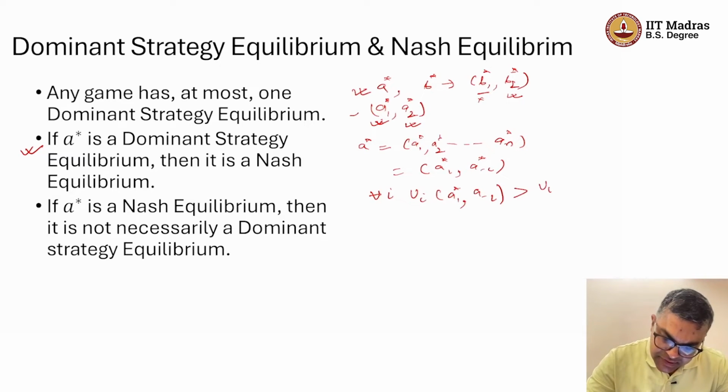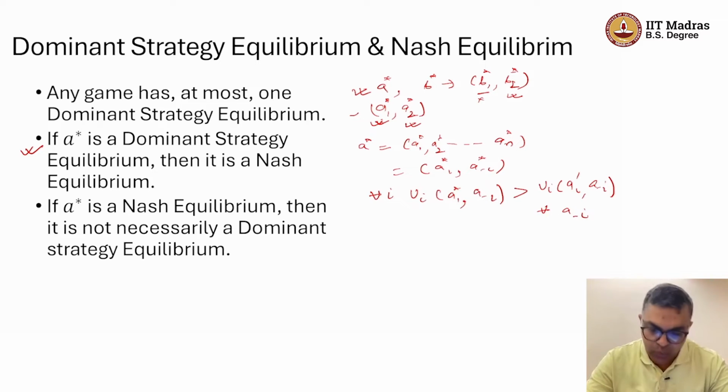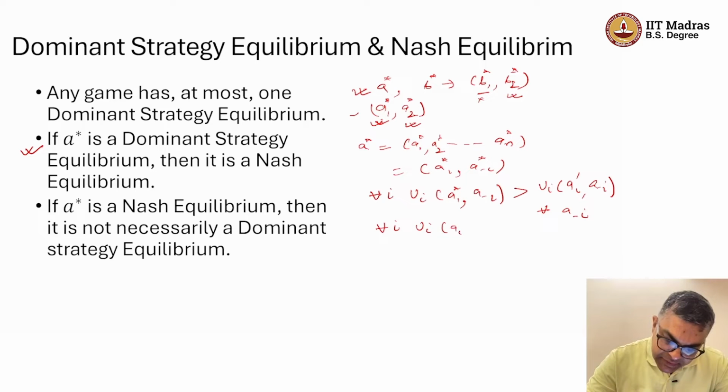So here is the case: ui(Ai star, A minus i) is greater than ui(Ai dash, A minus i), and this has to be true for all A minus i, no matter what other players are doing. What is the requirement for Nash equilibrium? That for all i, ui(Ai star, A minus i star) is at least ui(Ai dash, A minus i star).